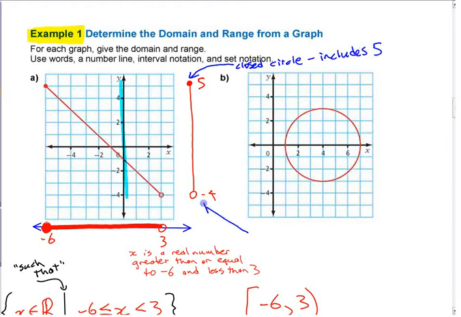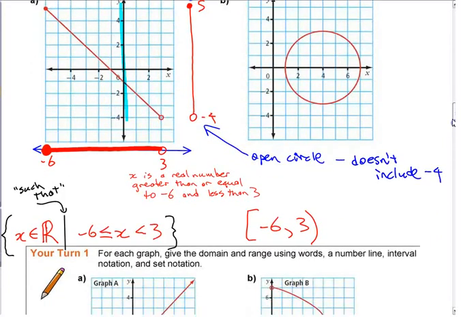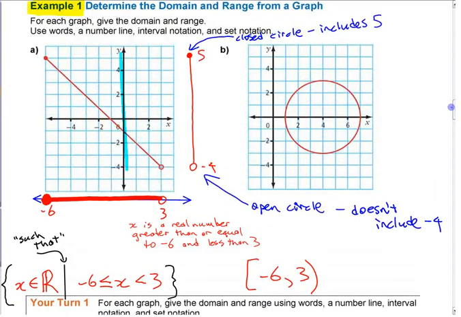Whereas this is an open circle, a hollow circle. It means there's nothing there. The open one, the white one, means it doesn't include that point. It doesn't include -4. When you write that on the number line, you put those symbols.